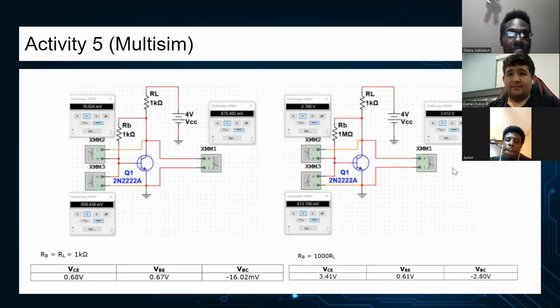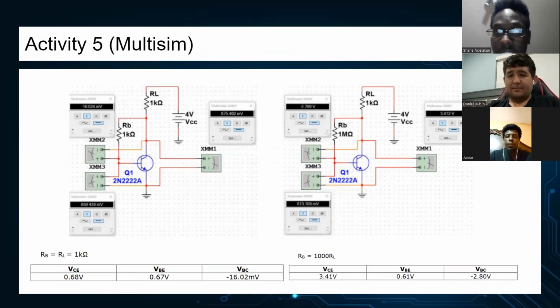And this is our Multisim for Activity 5 as well. This is what we got. You see the values below. From the Multisim itself, we have some negative values. Basically, we have negative 16.024 mV, 659.43 mV, and 675.462 mV.